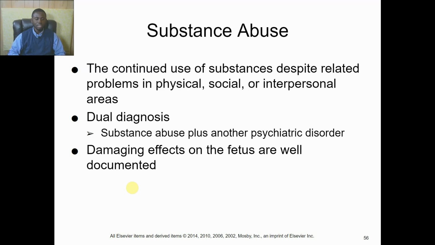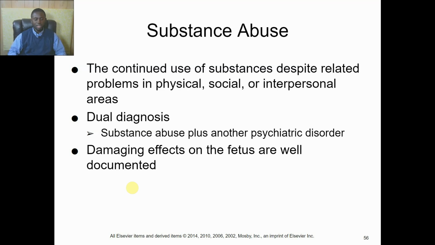And this can be diagnosed if the mother is using any prescribed or illicit drugs that they don't have to be using. Okay, so it can be an addictive problem to, say, pain medications or to street drugs.